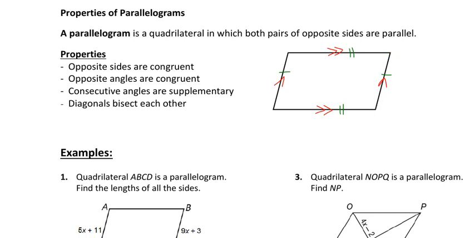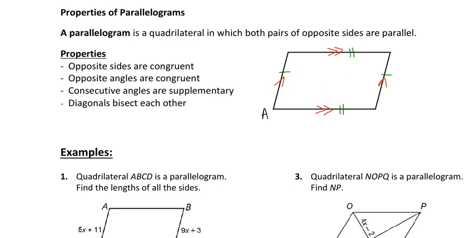The next one says opposite angles are congruent. So we're talking about this angle here and the angle that is in front of it. I'm going to put names so that I can name them. So I'm going to say this is A, B, C, and D. So angle A and angle C are opposite angles, so they are congruent.